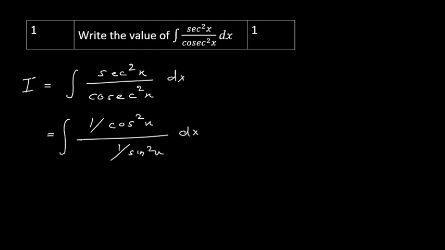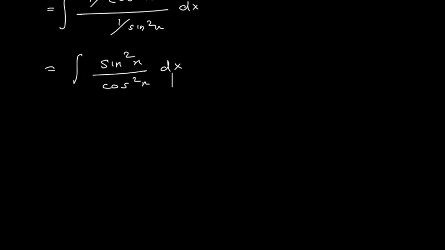So this sin square will go in numerator and this cos square will be in denominator. So I have sin square x upon cos square x dx. Sin square x upon cos square x is integration of tan square x dx.